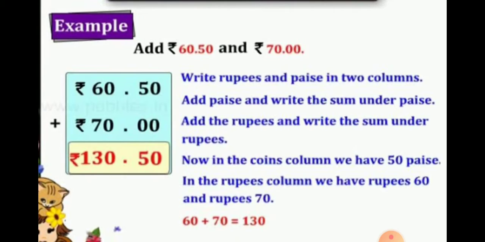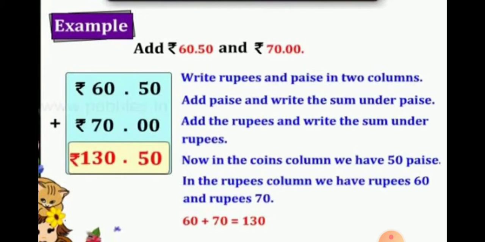Add rupees 60.50 and rupees 70.00. The first thing that we have to do is to write both the money one below the other, but we will write rupees below rupees and paise below paise. You already know that the 2 digits from the right always denote paise.